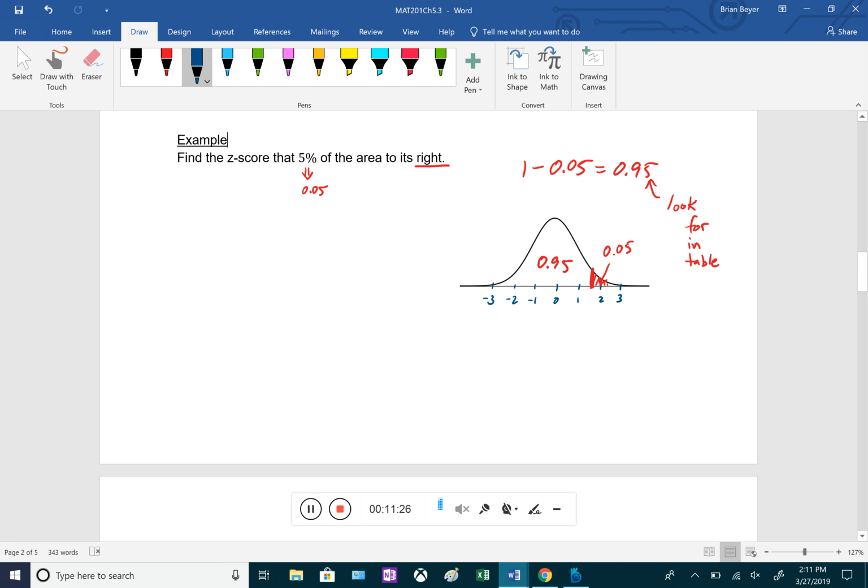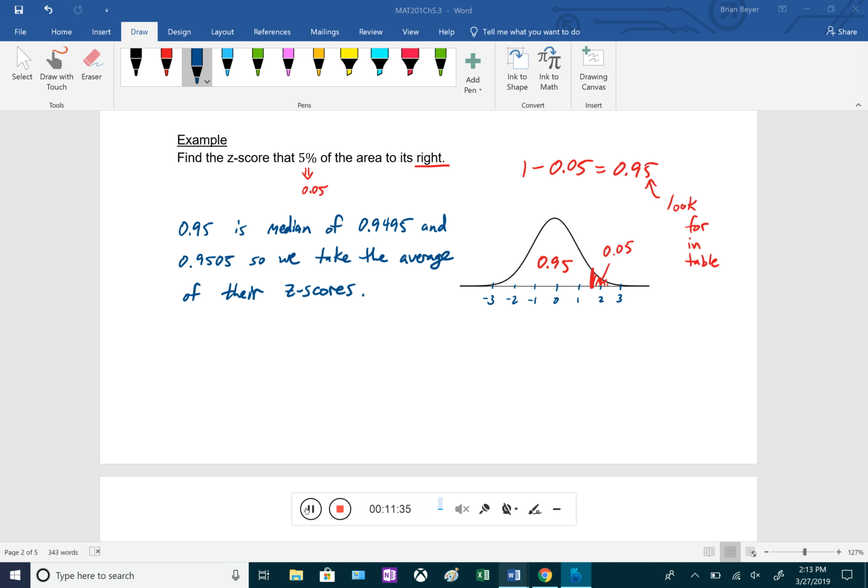So I'll make a note that 0.95 is the midpoint between them, or the median. So 0.95 is the median of 0.9495 and 0.9505. So we take the average of their z-scores. The z-score for 0.9495 was 1.64.